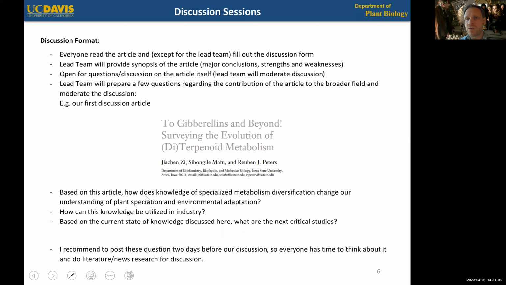For example, what are the strengths and weaknesses that you see in this article? And really give an assessment, much like a review of the article. And then we would open it up for questions and a discussion around the article itself. And the lead team, and obviously I'm there to help, would moderate that discussion.